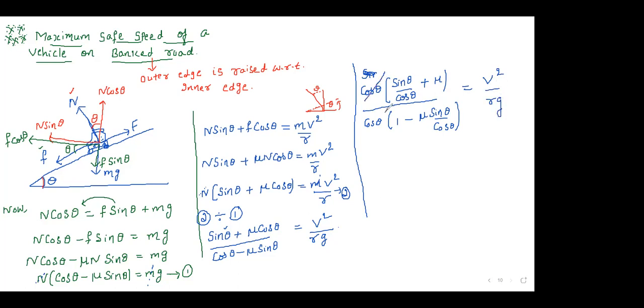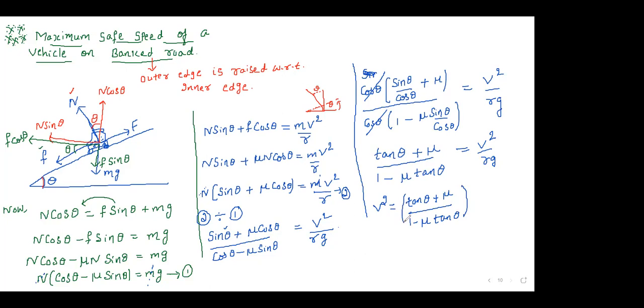So this cos theta will get cancelled out. So sin theta by cos theta will be tan theta plus mu, whole thing divided by 1 minus mu into tan theta, which is equal to v squared by rg. If I cross multiply rg, it will be v squared. It is tan theta plus mu, whole thing divided by 1 minus mu tan theta, into rg.